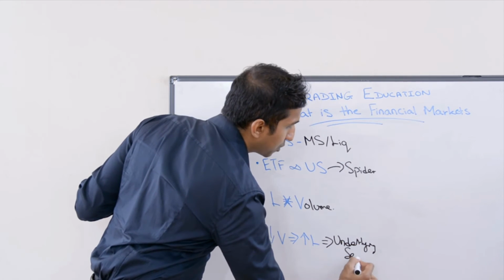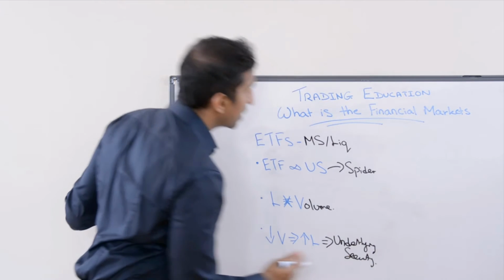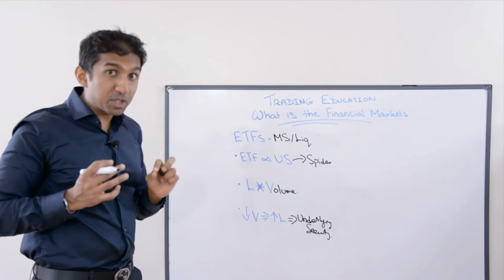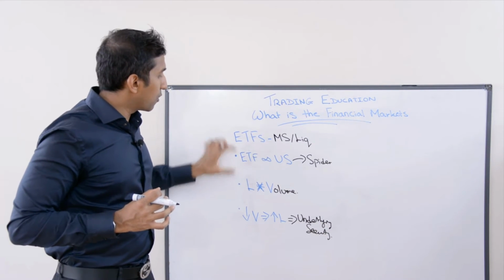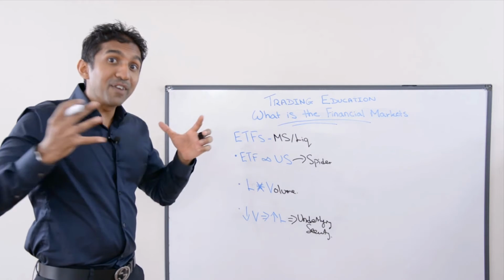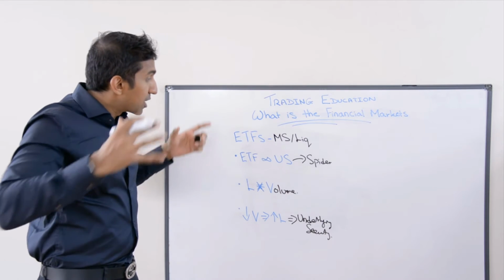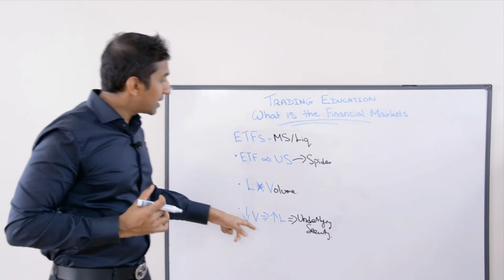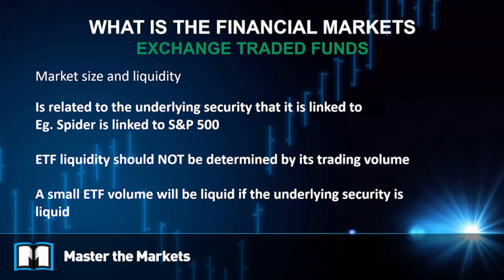For example, the SPDR fund might be of low volume, with very few shares or a low collection of securities, but the underlying security, the S&P, is highly traded and highly liquid, so it will follow the liquidity of that underlying security.